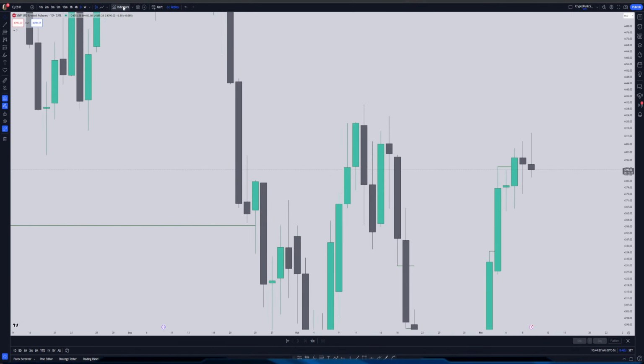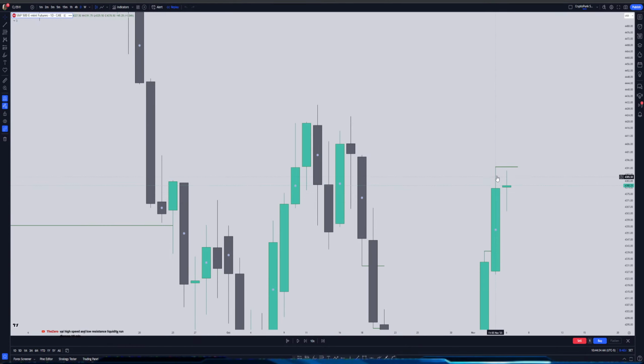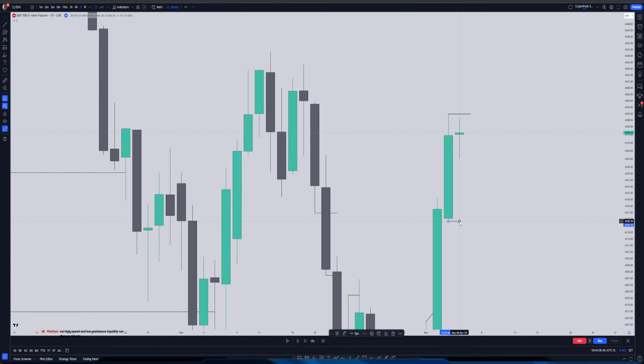Let me just go to replay mode one more time. Let me hide this. Okay, so at this moment price didn't take any liquidity. What liquidity? The previous day's liquidity. So this is my new day that I'm going to trade. My bias is here. That's the low, that's the high that I marked.